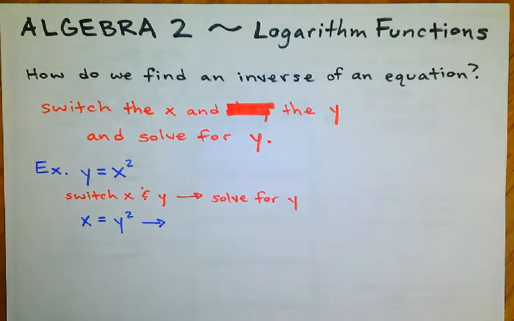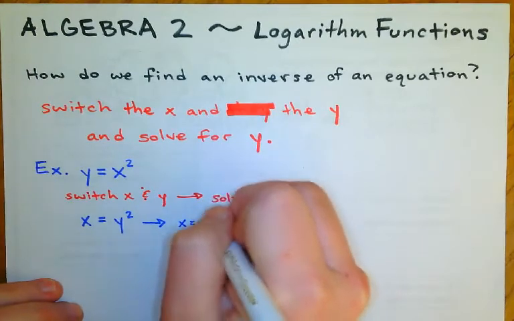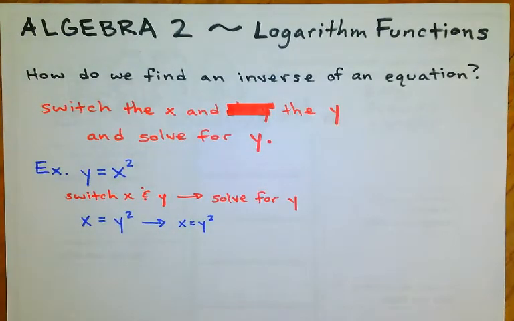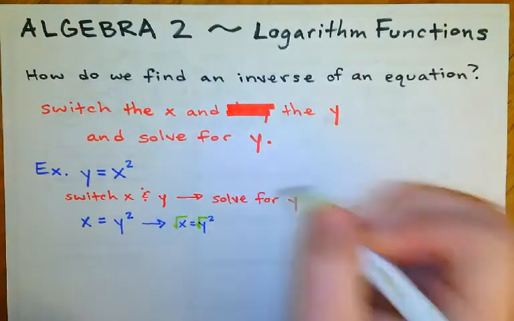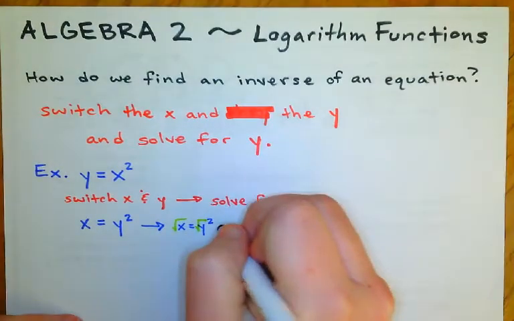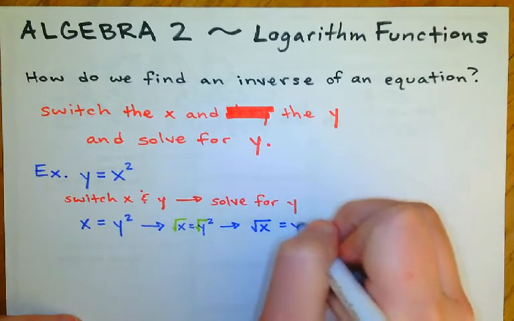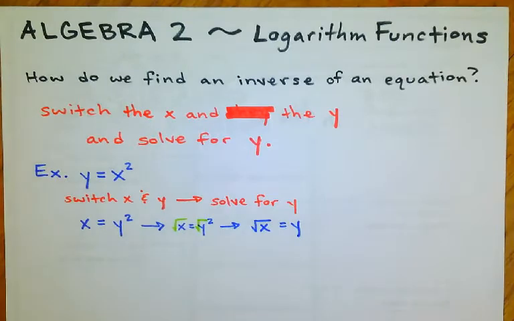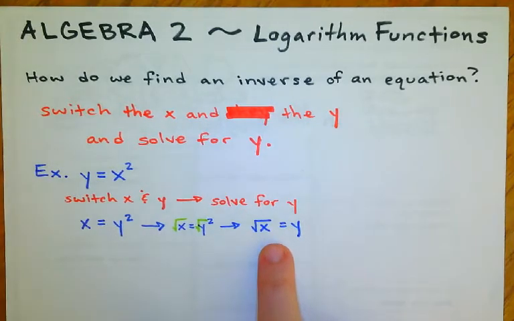Exactly right. So we have this x equals y squared, and we're going to be taking the square root on both sides. So that means we end up with the square root of x equals y. So these two equations are inverses of each other. Alright? That's how we find an inverse.